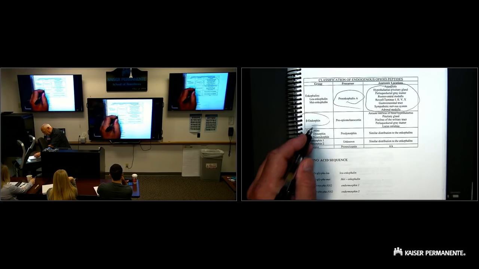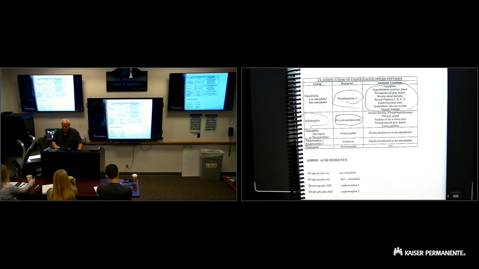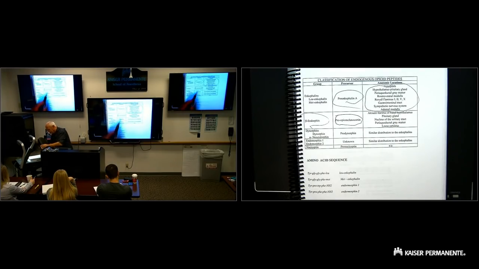And they come from a precursor called pro-opiomelanocortin, and I'm circling it right here. Everybody refers to it as POMC. Now, pro, again, it's a precursor, and the opiomelanocortin comes out of the adrenal gland, the pituitary gland, where it's secreted in response to stress.